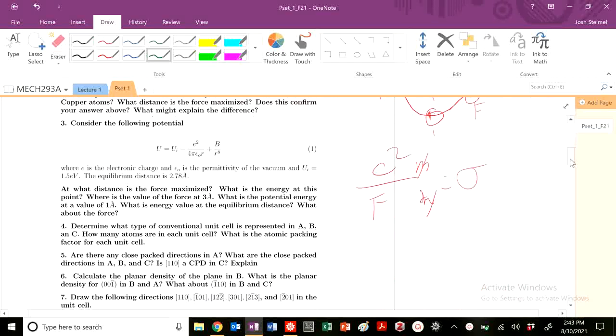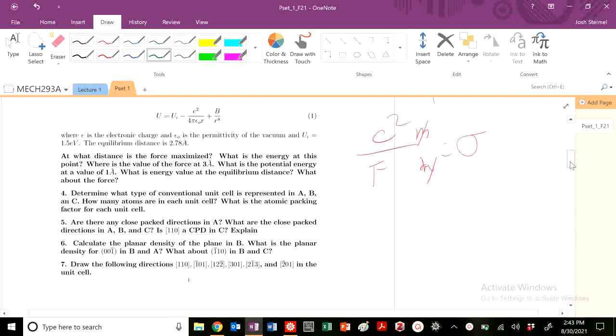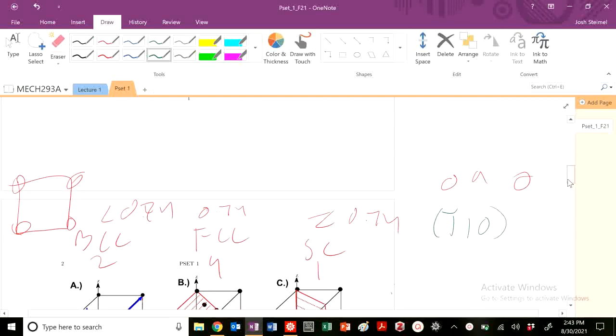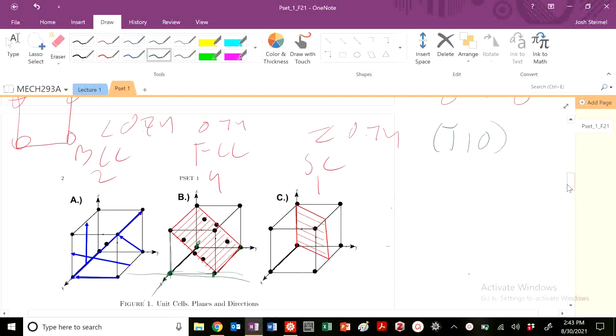So we're trying to figure out what is the planar density of 1, 1, 0 in B and C. We renamed our origin here, so we're going to have an intersection point right here. We're also going to have an intersection here, and then that's going to be our plane. Same thing in here. Very similar, except right here. So if I'm looking at B, I'm going to have a plane that looks like this.